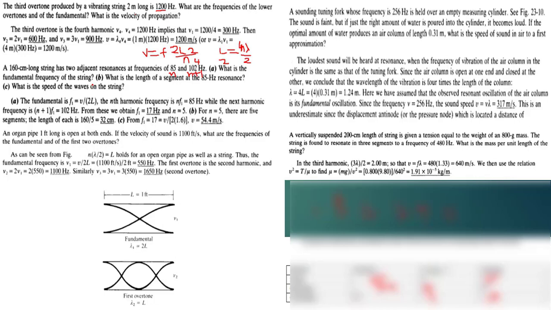So if this is n, this is n plus 1. So we know for a string, frequency ni sawa sana v n over 2 L, as we have said earlier. So for the first, Fn, let us say n ni 85, is equal to v times n divided by 2 times length ya string.